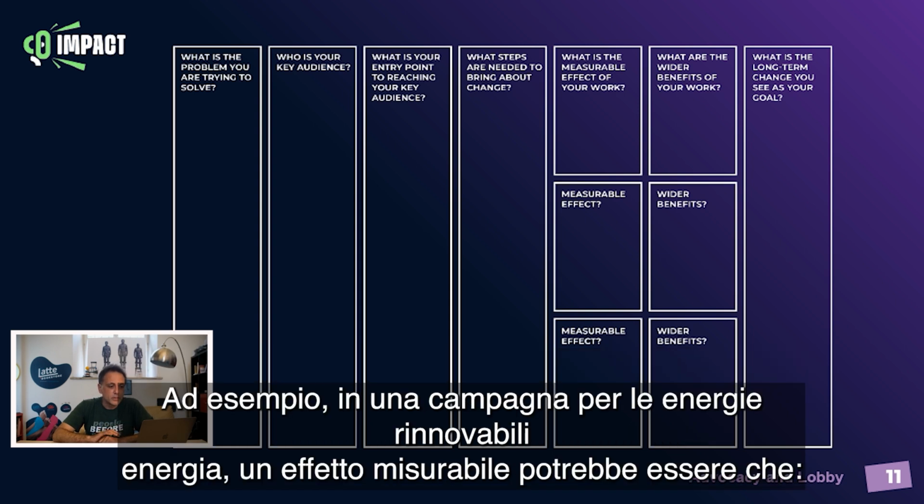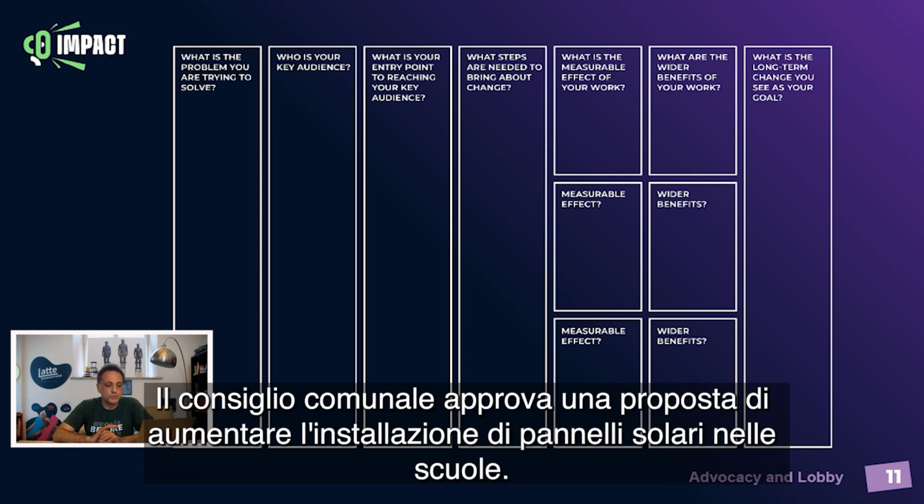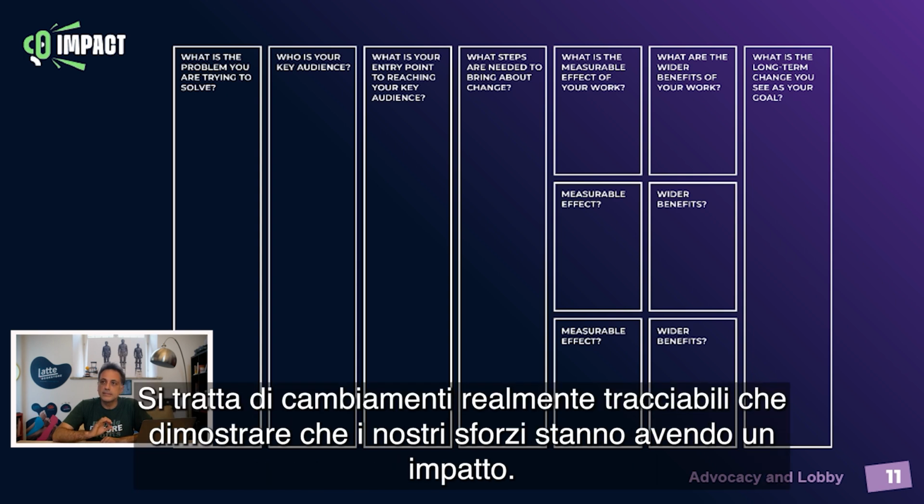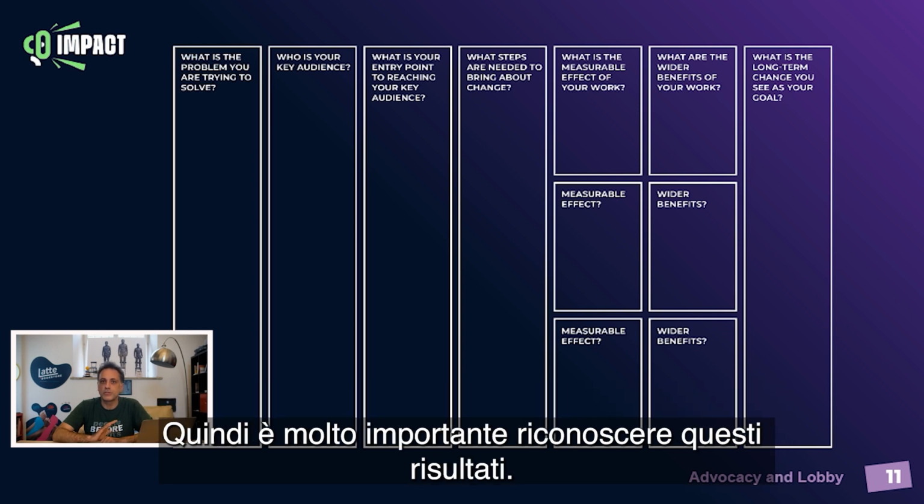For example, in a campaign for renewable energy, a measurable effect could be that the city council approves a proposal to increase solar panel installation on schools, or local businesses committing to use clean energy for their activities. These are real, trackable changes that show our efforts are making an impact. So it's very important to recognize these results.